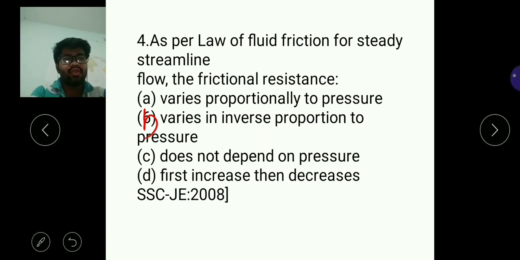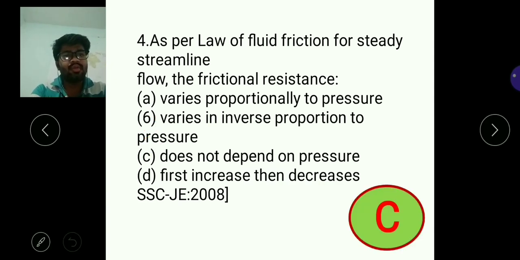No, it doesn't depend on pressure, actually it depends on the viscosity or velocity. But it doesn't depend on pressure. So option C will be the correct one here.